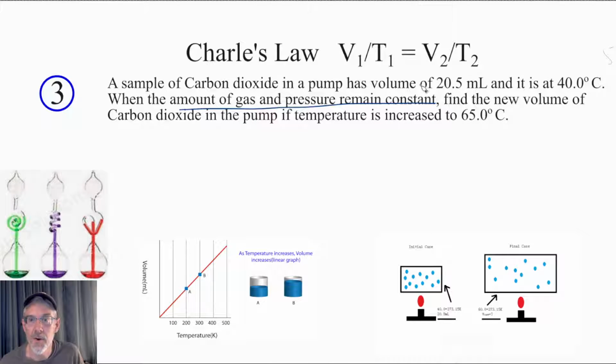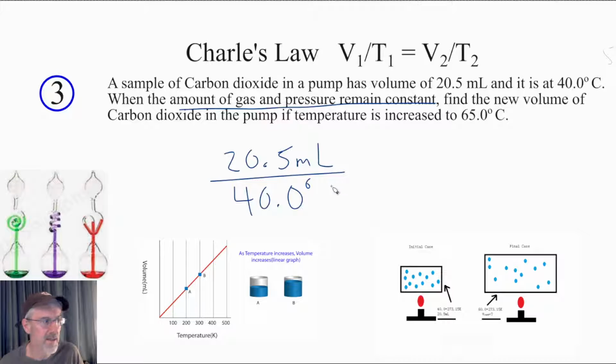V1 has this, and we want to know what happens if we get our new volume here. All right. So 20.5 milliliters is the volume, and the temperature is 40.0 degrees Celsius. V2, we don't know. We're finding the new volume.